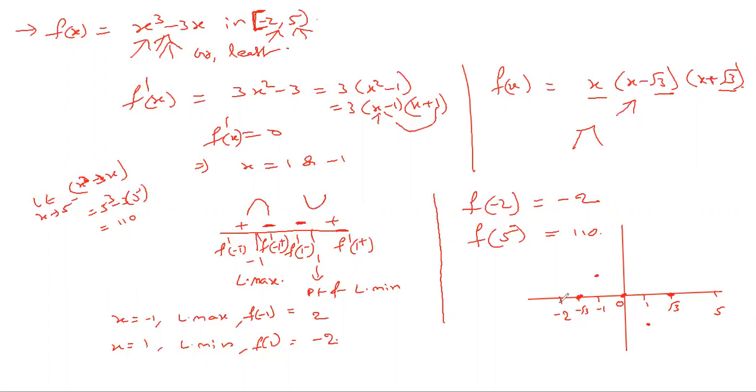F of negative 2 will be negative 2. F of 5 will be 110, approximately here, but it will not be included, so take an open circle. Now let us join all these observation points. The function looks like this.